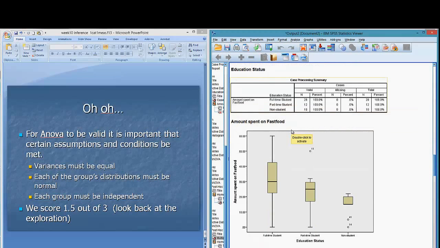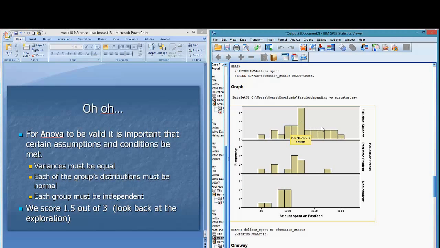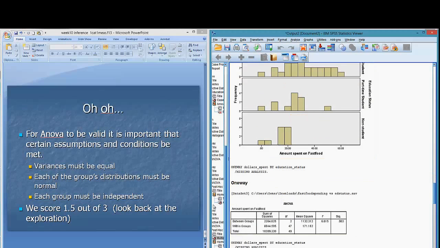And each of the groups' distributions must be normal. Well, we can see this one has kind of a normal curve. This one maybe, and this one's really hard to tell. And so I gave ourselves a 1.5 out of 3. This has been a short, quick intro to analyzing data where there's one categorical and one measurement variable.